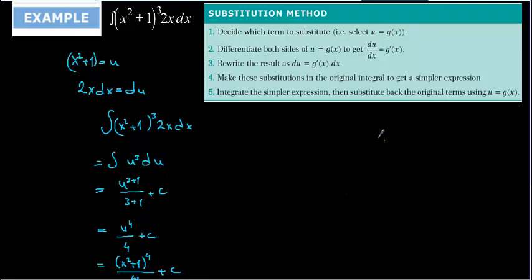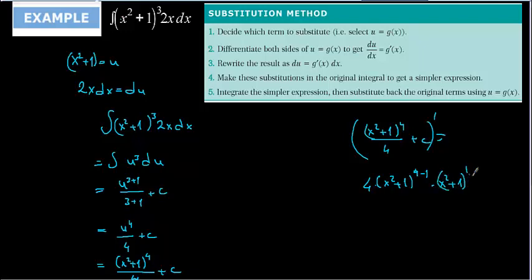If I check this one, (x squared plus 1) to the power of 4 over 4 plus c, and try to find its derivative, you're going to see that the derivative of c is zero, and this part's derivative is going to be 4 times (x squared plus 1) to the power of 4 minus 1 times the derivative of x squared plus 1.